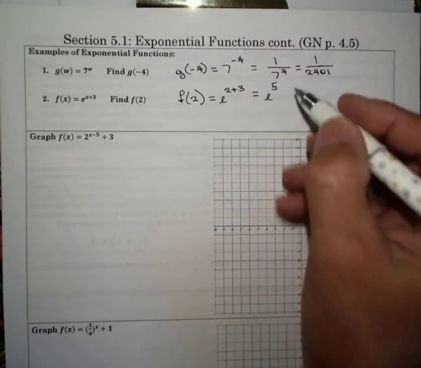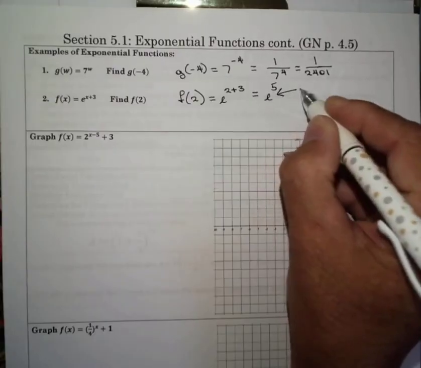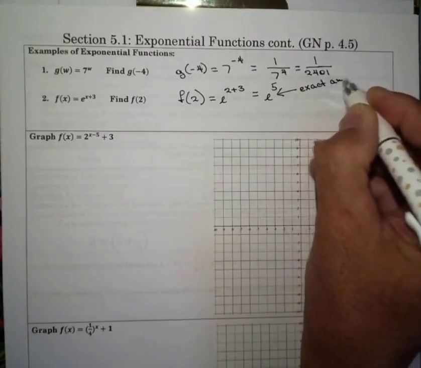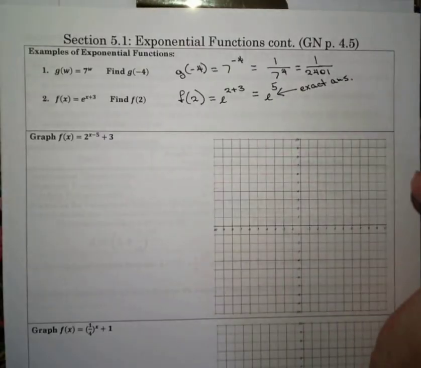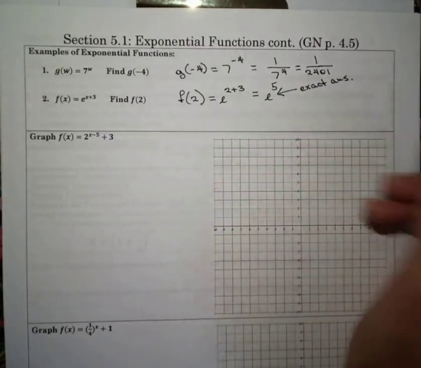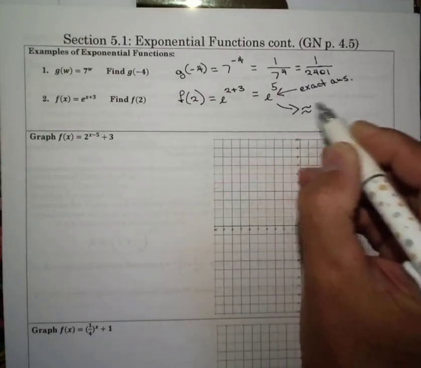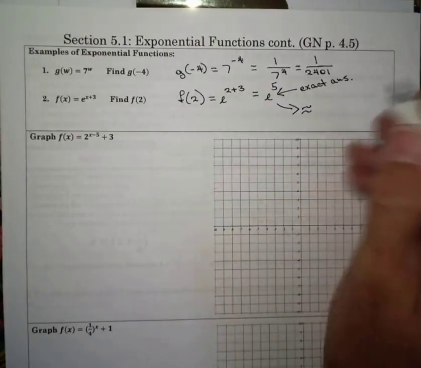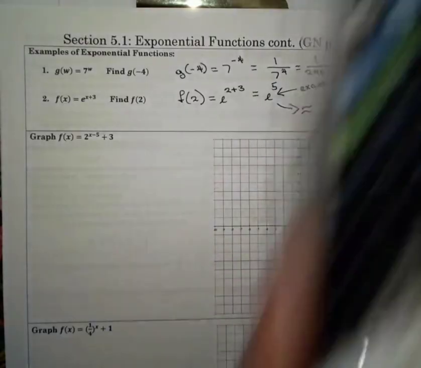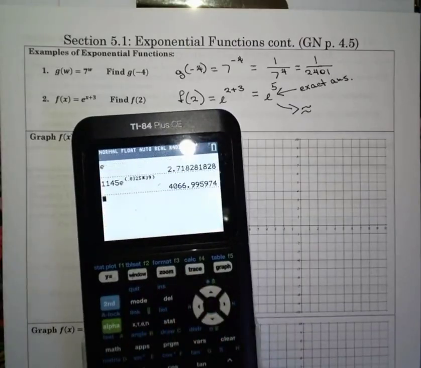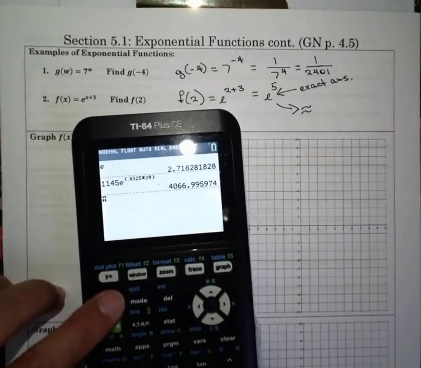Now, this is what we call the exact answer, okay? If you need an exact answer and it has e in it, you really can't resolve it. You're going to have to just leave it as e to the power of the exponent. But if you want to approximate it, then you can say e to the power of 5. When I put that into my calculator, I'll do it real quick. I enter the e first, and the e is above the division symbol, remember?